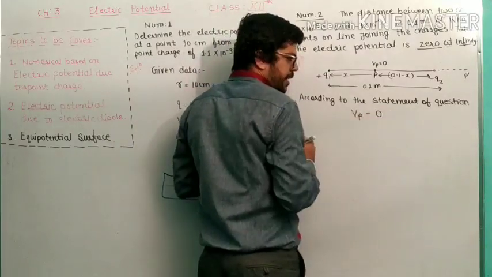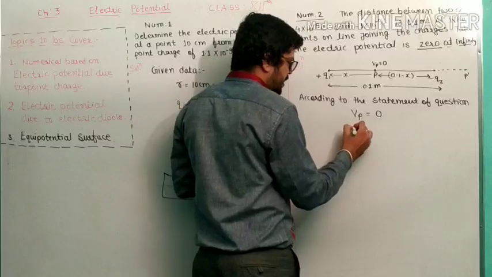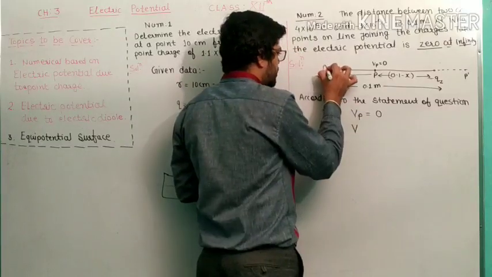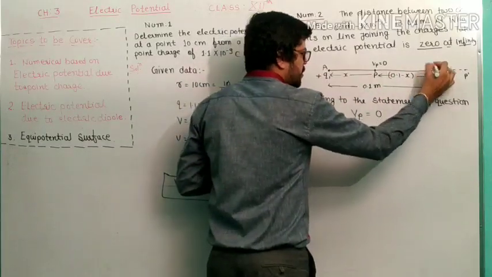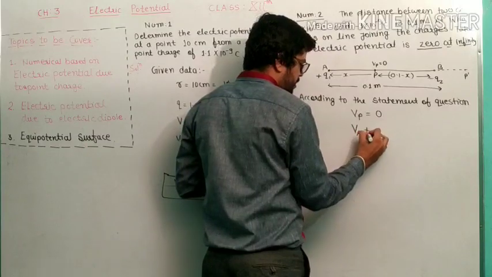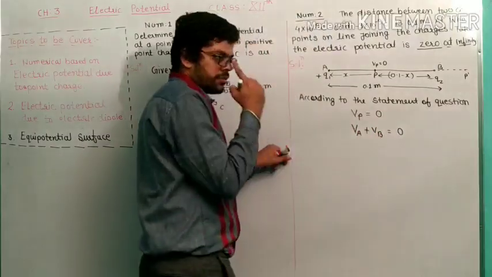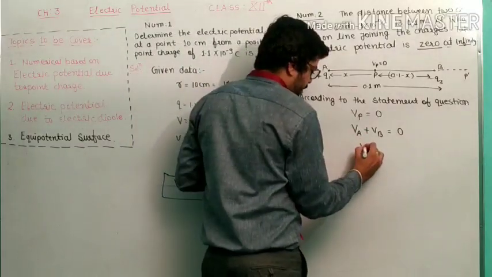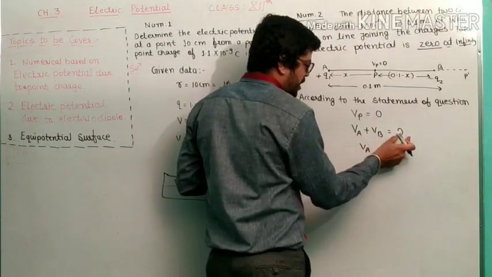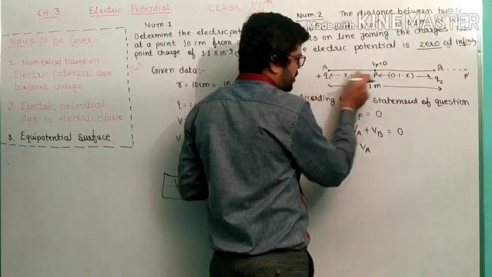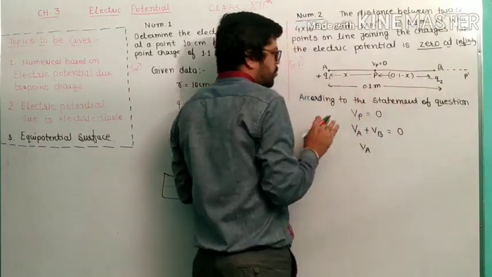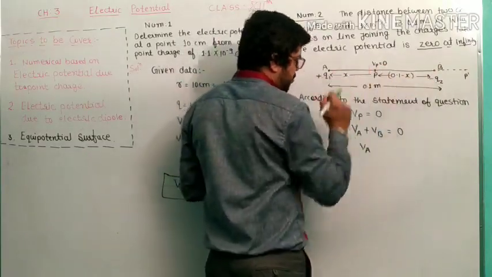Let's say this is point A and this is point B. So Va plus Vb is equal to 0. It means the total electric potential due to charge number 1 and charge number 2 is 0 when we bring it to point P.